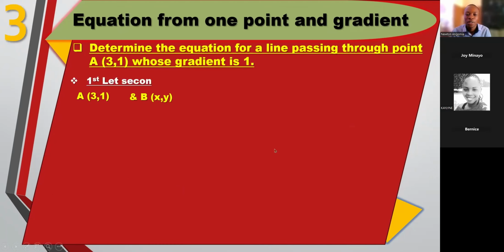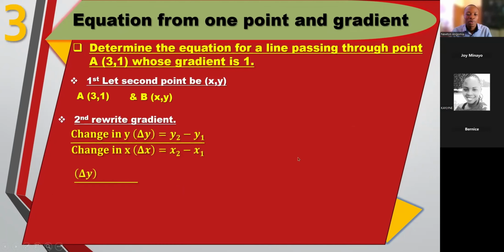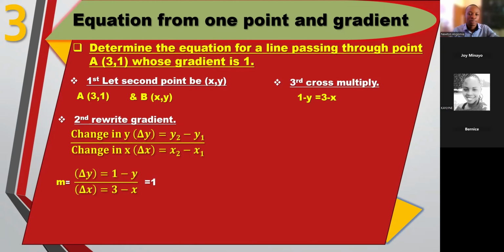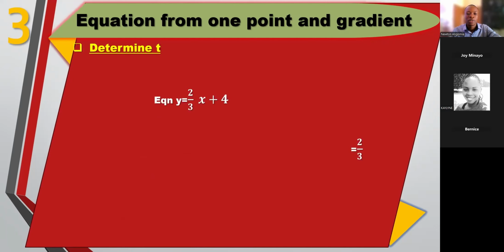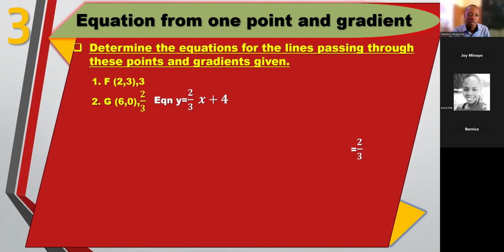Now we need to get the equation of a straight line once we've been given gradient and 1 point. I want us to try this. I've given you the second one, but you now need to know how you get there. The first one, I've given you the point and the gradient.